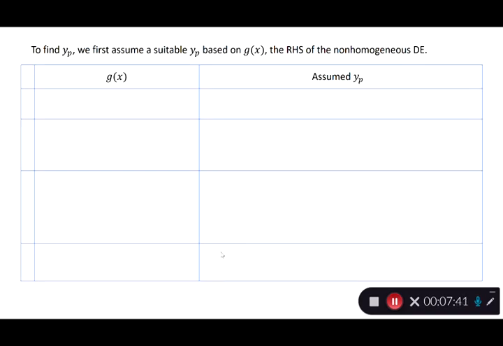There is some sensible way of picking the y sub p's, and all that is based on the g of x that we have. So first, suppose we were to have the g of x to be an nth degree polynomial. What should we assume for y sub p? An nth degree polynomial. As simple as that. Is it easy to remember? Let me illustrate with an example.